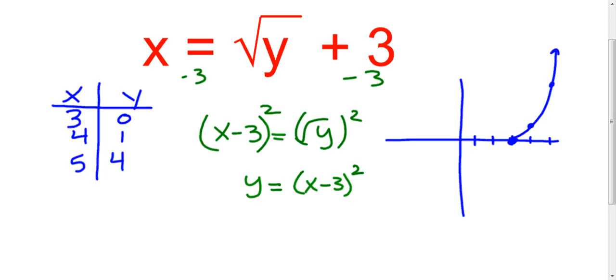Though that half of the graph, again, the smallest number that you can take the square root of is 0, okay? The square root of 0 is 0. And then when you add the 3 to it at the end, the smallest that this quantity can be would be 3, because the smallest y value I can plug in is 0. So the smallest quantity that that value can be is 3.